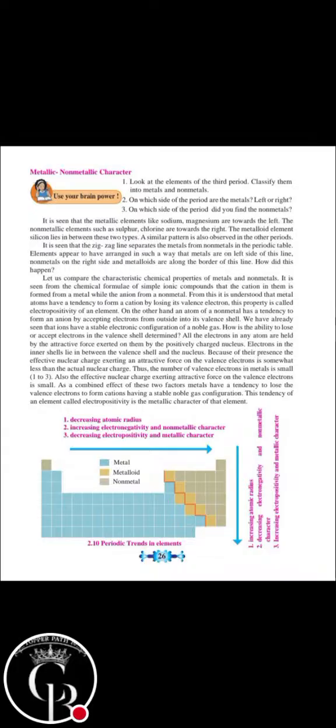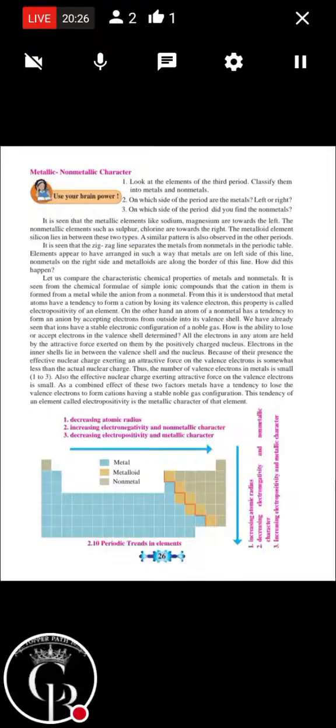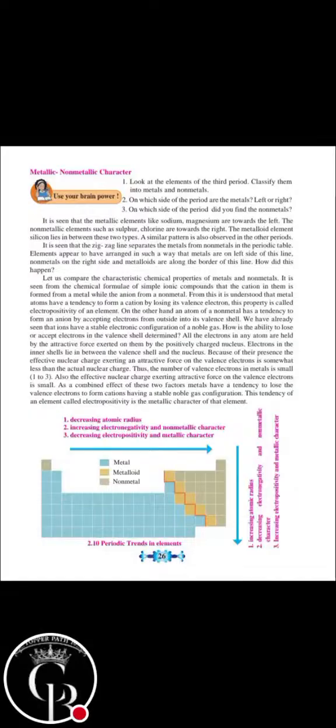It is observed from the chemical formulae of simple ionic compounds that the cation in them is formed from the metal, while the anion is formed from the non-metal. Metals, that means their atoms, have the tendency to form a cation by losing their valency electrons.